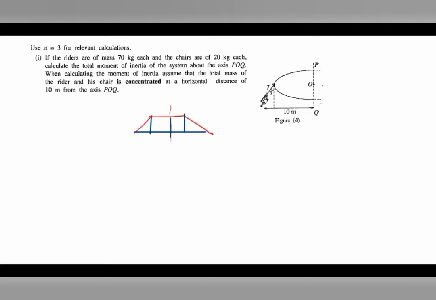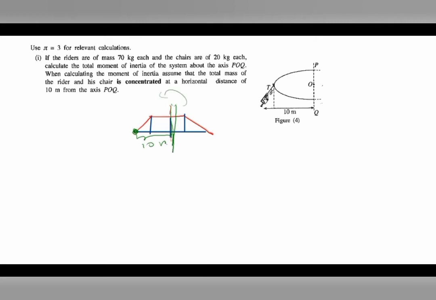So the distance is 10 meters from the POQ. It's always 10 meters from POQ. The distance is 10 meters for the object. Don't consider it slanted, but you have to measure from the central axis. So nothing to worry about. Get the central axis.